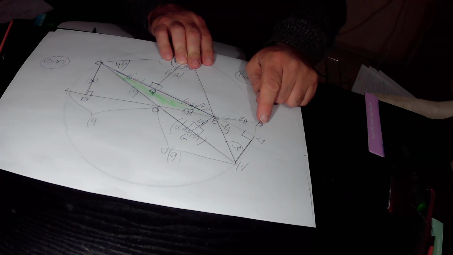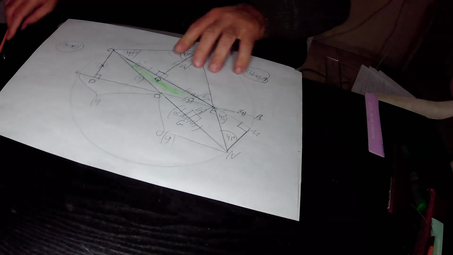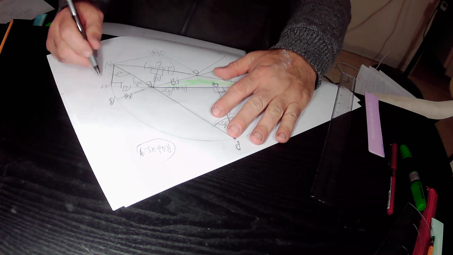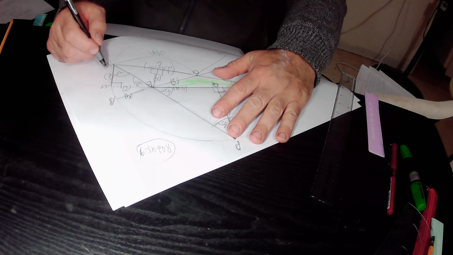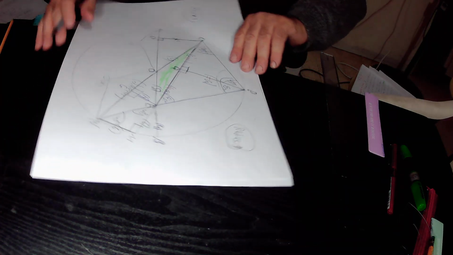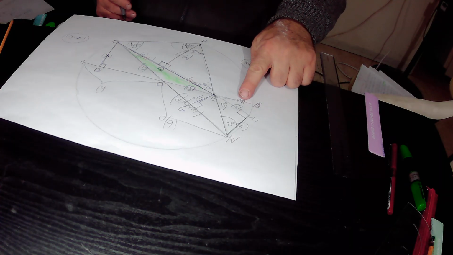So if you define the length of EM as B, then the length of side MN must also equal B, according to the rule that I mentioned. So EM equals B, according to our definition.